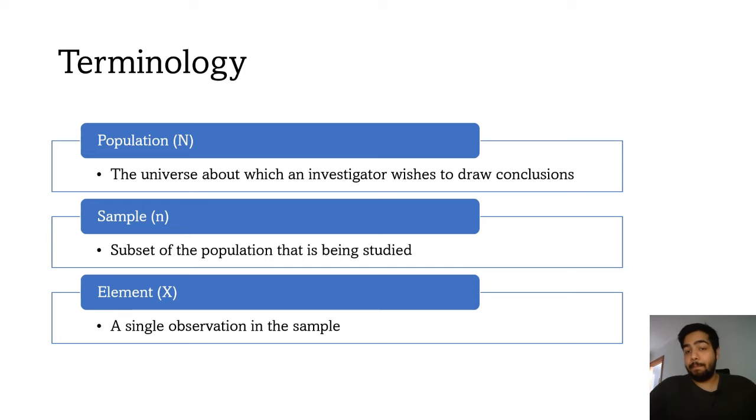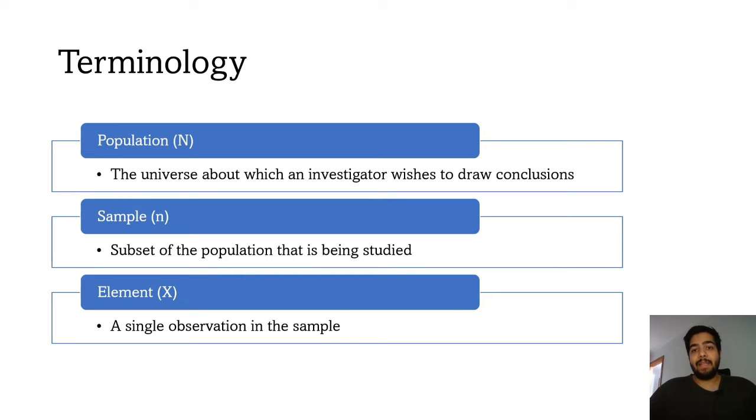The next term is sample. So the subset of population that is being studied is called the sample. Now this sample or population is just not living beings. This can be set of measurements as well.